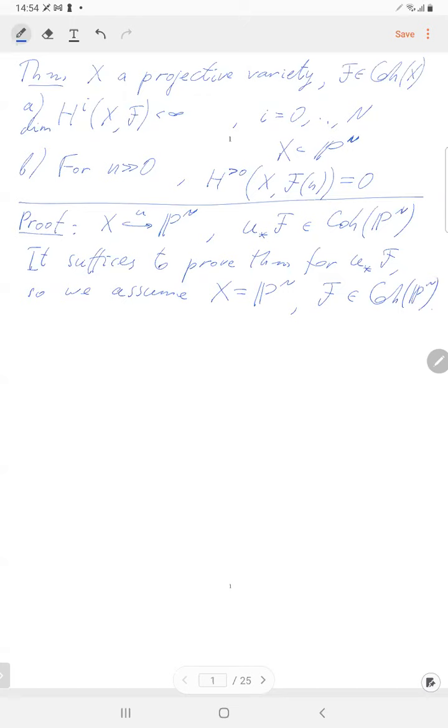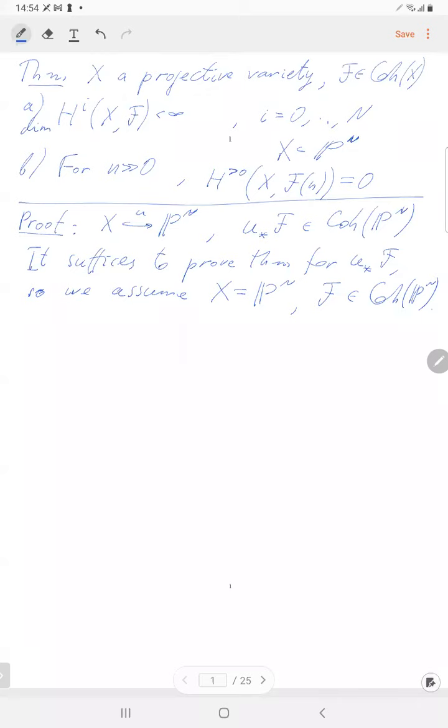Now, this is a very typical method that we will encounter once again later on today. The proof goes by induction in the number of cohomology, but it will be the descending induction.